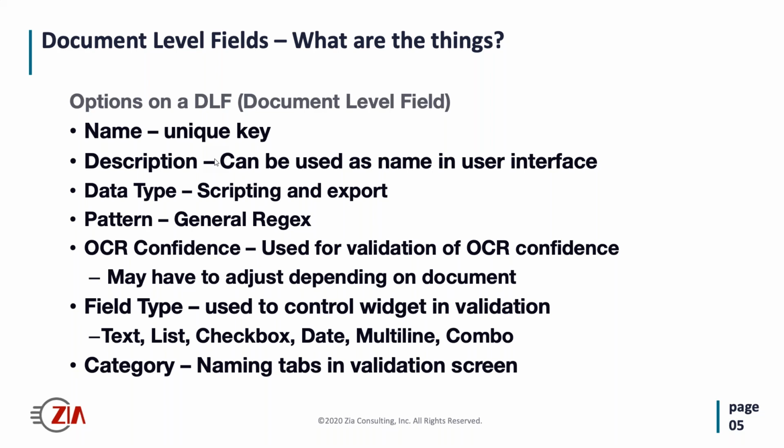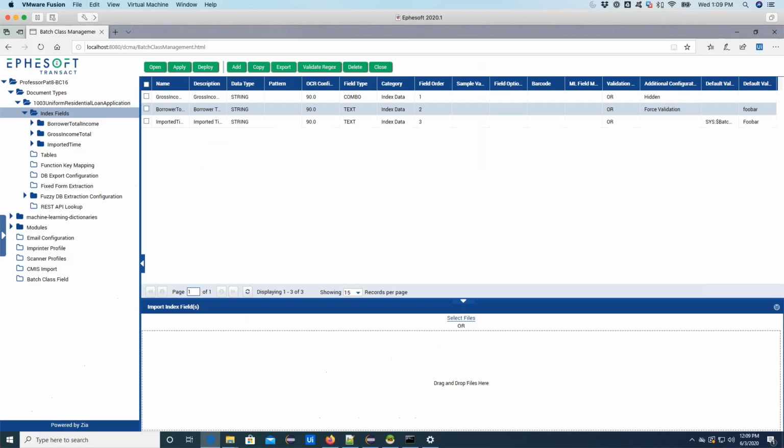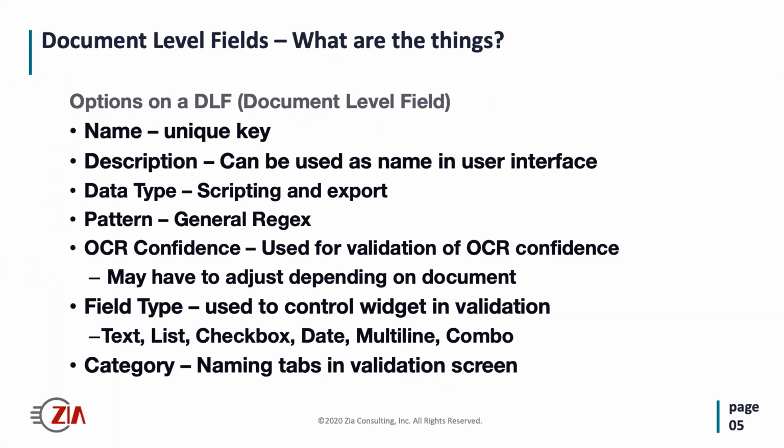So let's go ahead and go back to here and look at the next couple. We have a pattern, an OCR confidence, and a field type. So a pattern is used for general regular expression extraction. I seldom use this, and what it does is it compares all the values inside of a particular document and looks for a pattern.